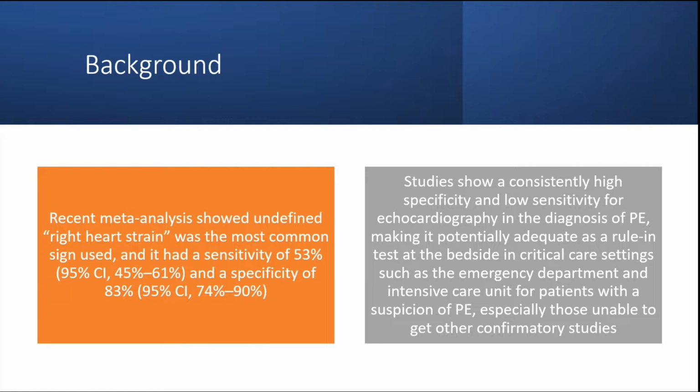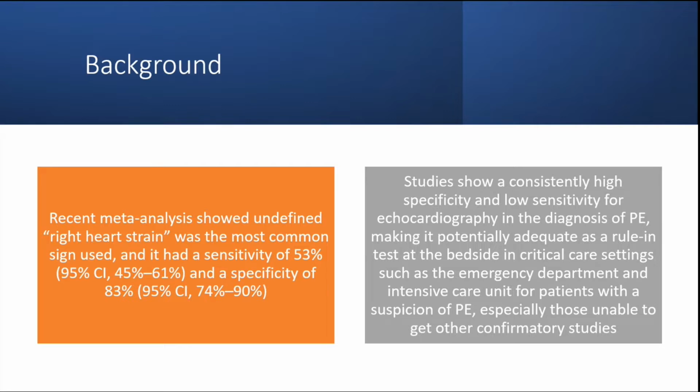The use of transthoracic echocardiography in patients with PE is pretty common. A recent meta-analysis in 2017 showed that right heart strain was the most common sign used in the diagnosis of PE. But as we can see here, echo alone has a relatively low sensitivity and pretty good specificity in diagnosis of PE.